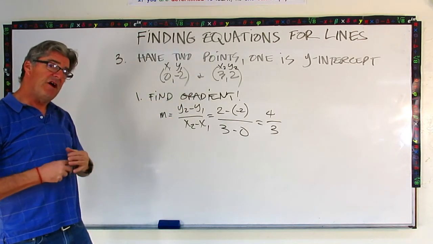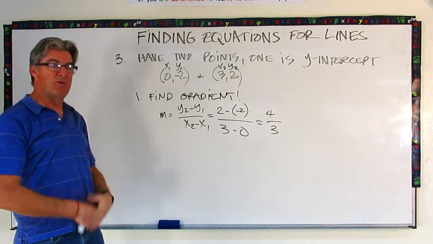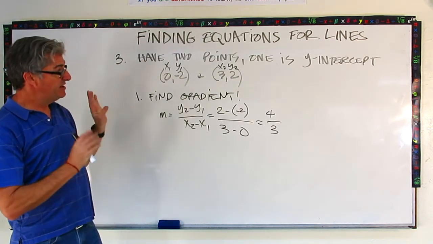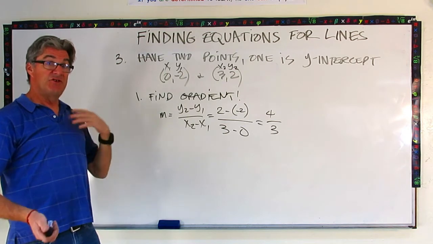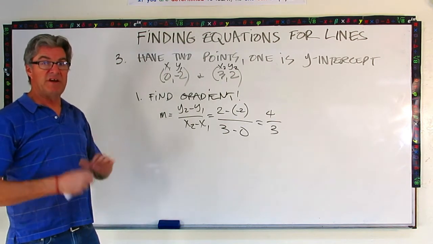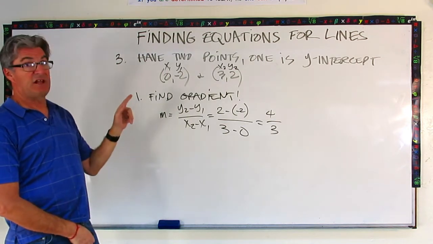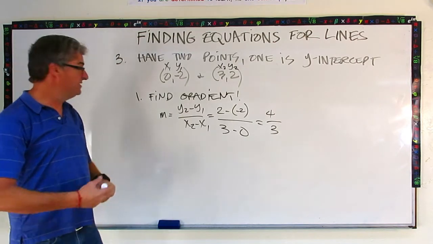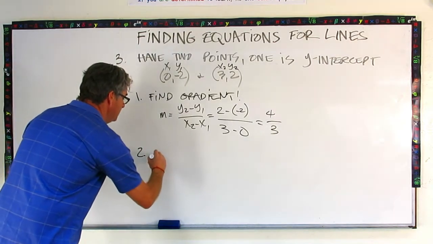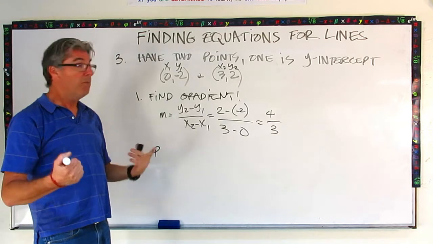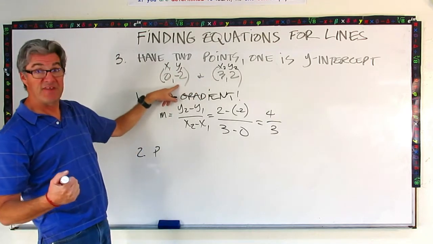So pause the video for a second, think if you can come up with what the next step is, because now you have the information to use one of the other techniques to quickly come up with the equation for this line. Okay, let's see how you did. Step 2 is plug in slope and y-intercept. We have that already.